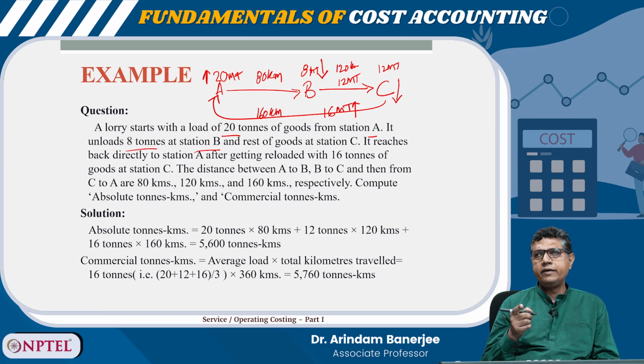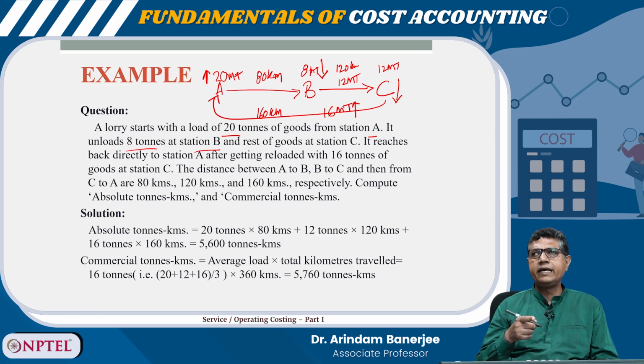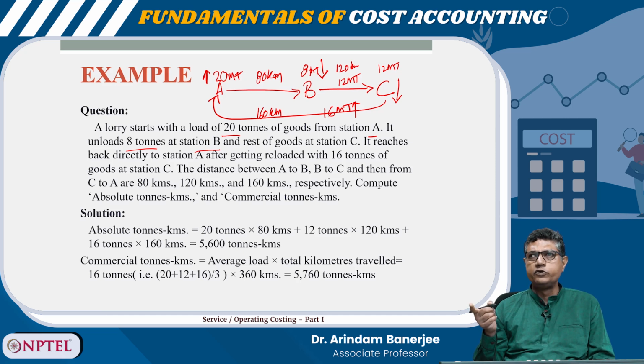So, at A, it is loading 20 metric ton, then travels 80 kilometer to B, then unloads 8 metric ton there, right. The rest of the 12 metric ton, it carries for 120 kilometer to C, right, and then it comes back to A, traveling 160 kilometer with a fresh load of 16 tons, right.